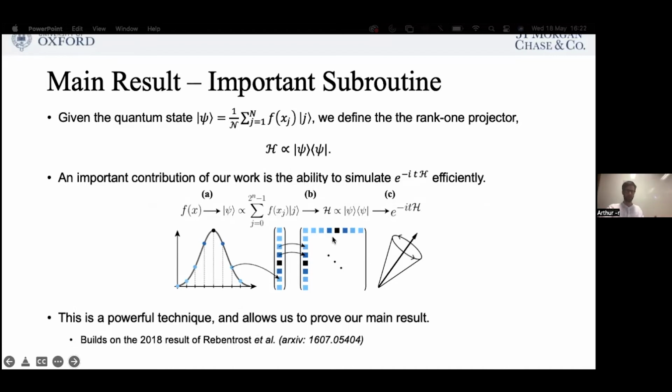So we have our function that we want to prepare. We take pointwise samples of it, which go into the entries of a vector. Then we define a projector, which is the outer product of this vector with itself, which gives us the Hamiltonian we want to simulate. And then we perform Hamiltonian simulation according to this projector using this technique, which is efficient.